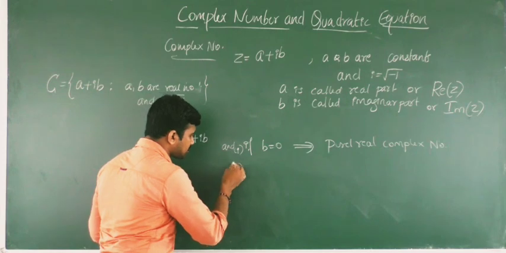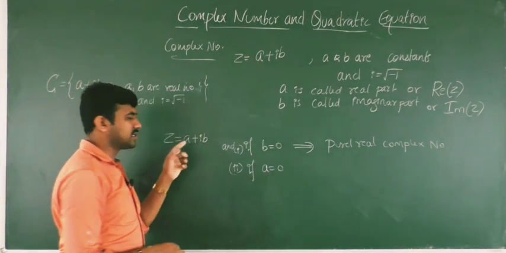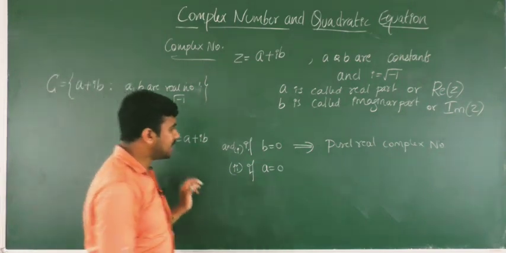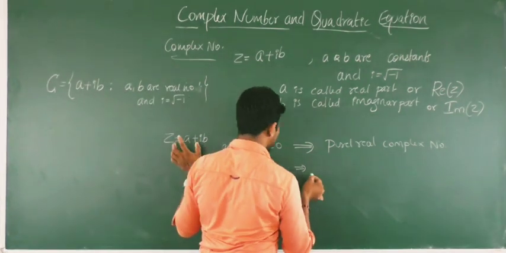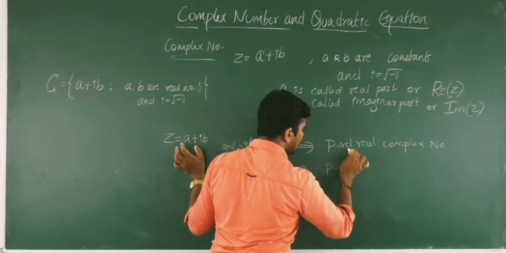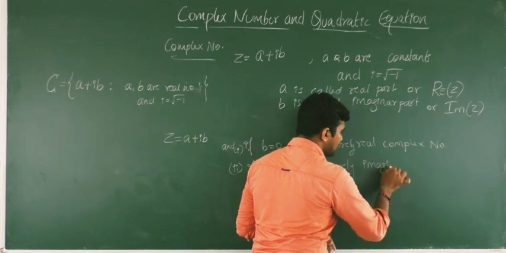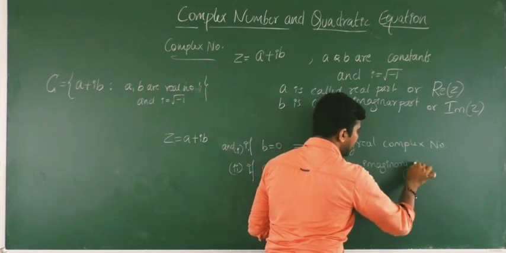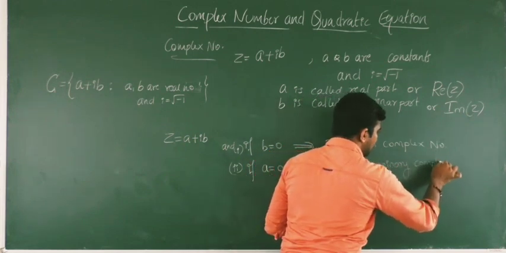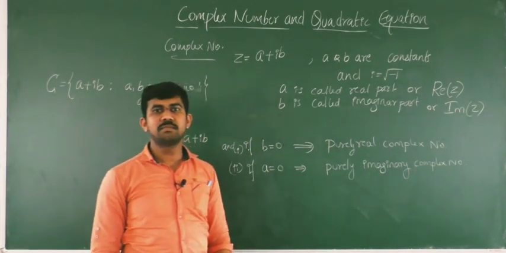Second case: if a is equal to 0, where a means the real part, then that complex number is called a purely imaginary complex number. So what is meant by a purely imaginary complex number?